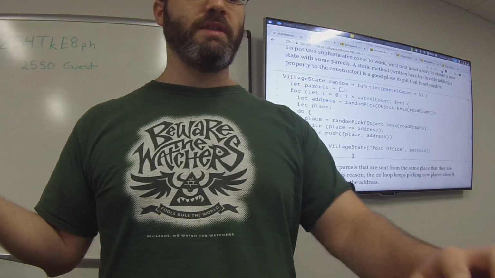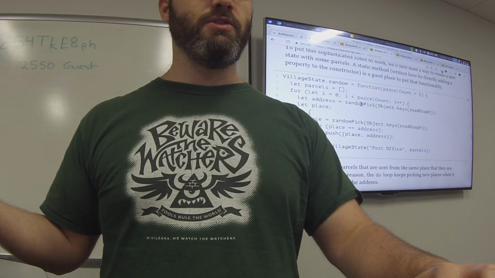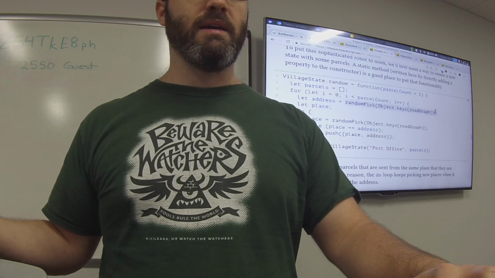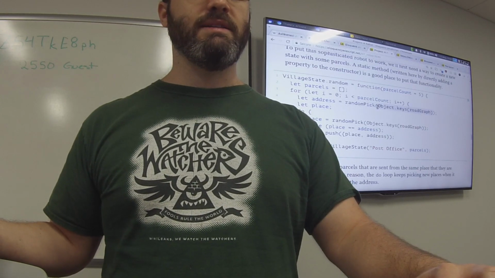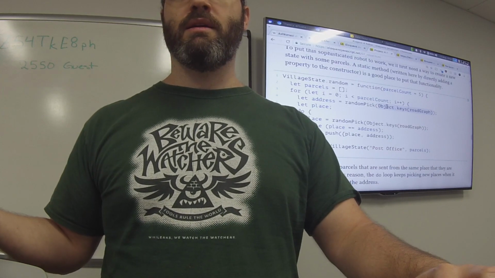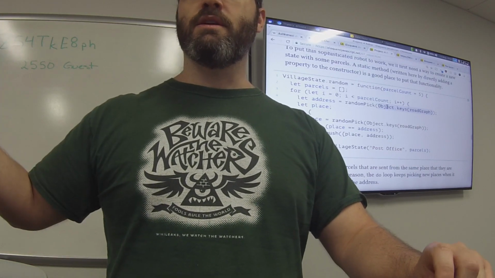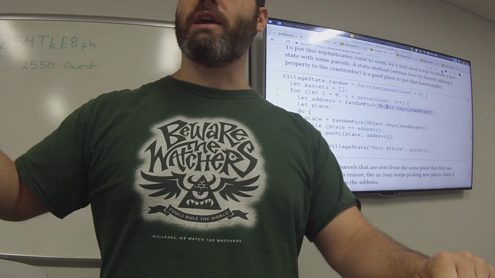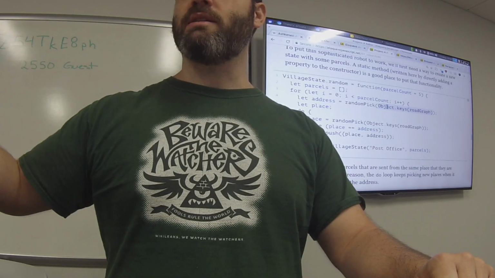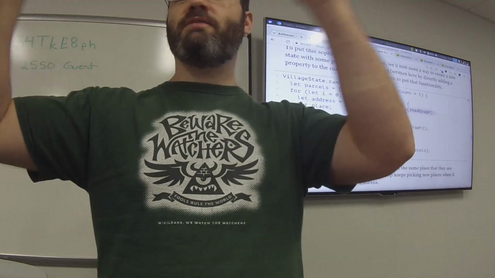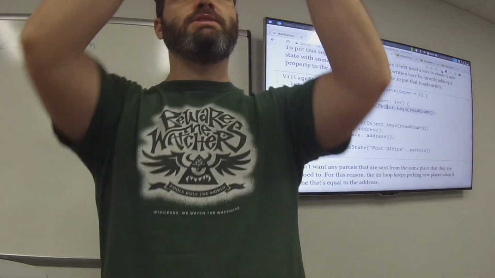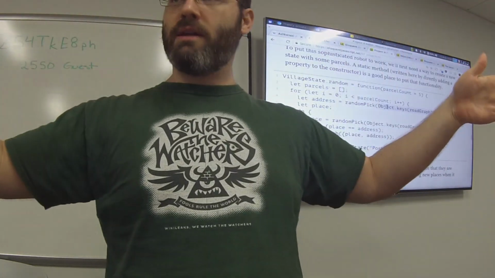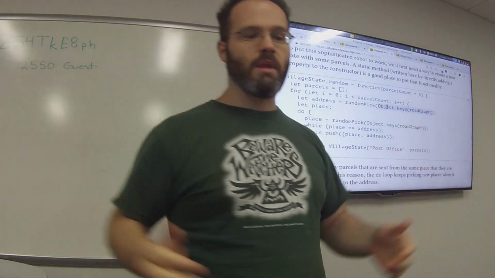And what it's going to do with that number is call randomPick on Object.keys(roadGraph). Now, Object.keys returns an array of keys that it generates by looking at the object. So if you have an object with a bunch of key values, you call Object.keys, you get all of the keys in an array.